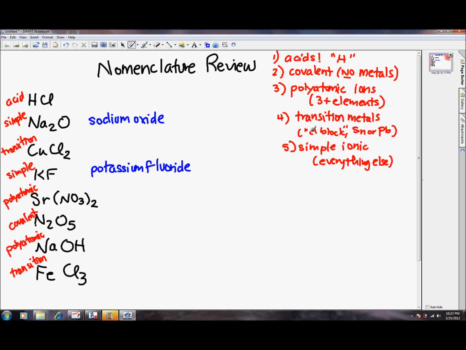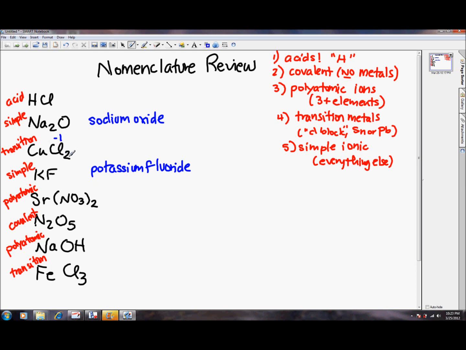Okay, transition metals. Remember, the special thing about the transition metals is they have a Roman numeral in between the name of the metal and the name of the non-metal. The Roman numeral represents the oxidation state of the transition metal. Okay, so we're going to go right here, and we're going to say copper and chlorine. We know that if we look chlorine up on the periodic table, chlorine has a -1 oxidation state.